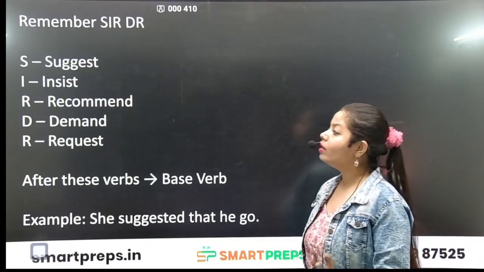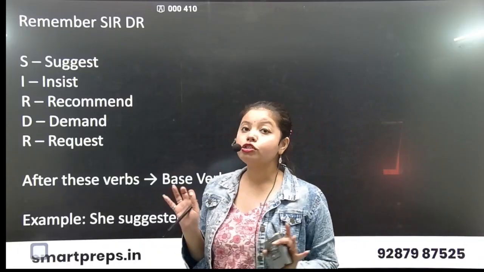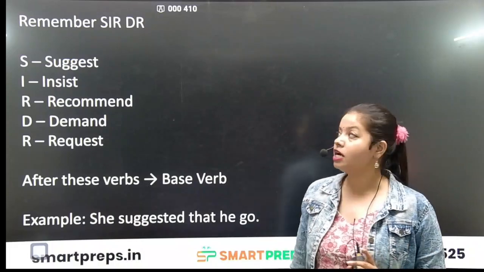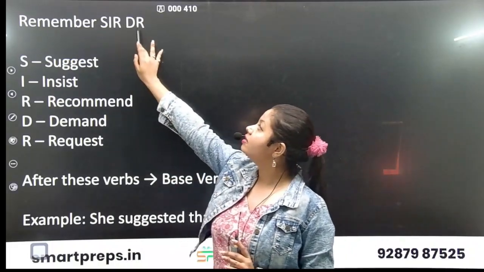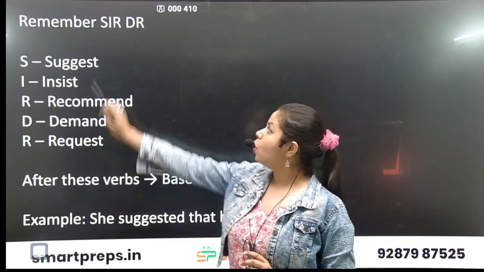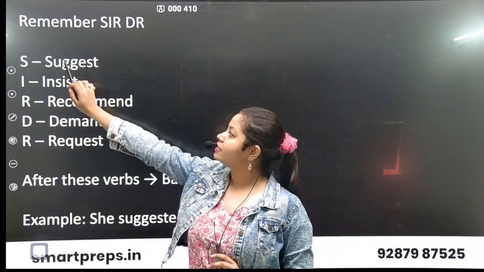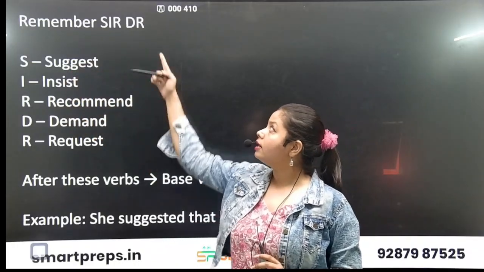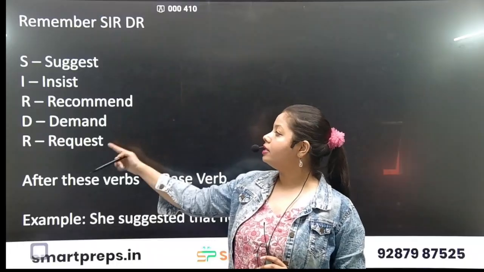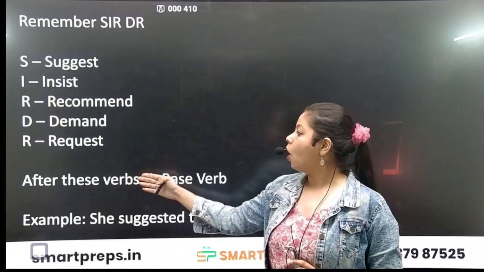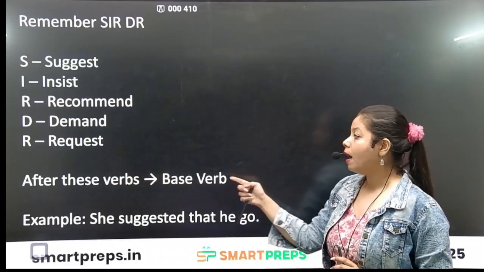Now, I will give you one short trick to understand some common trigger words. The trick is: SIR, DR. S is suggest, I is insist, R is recommend, D is demand, R is request. So after all these words, the verb will always be in base form.